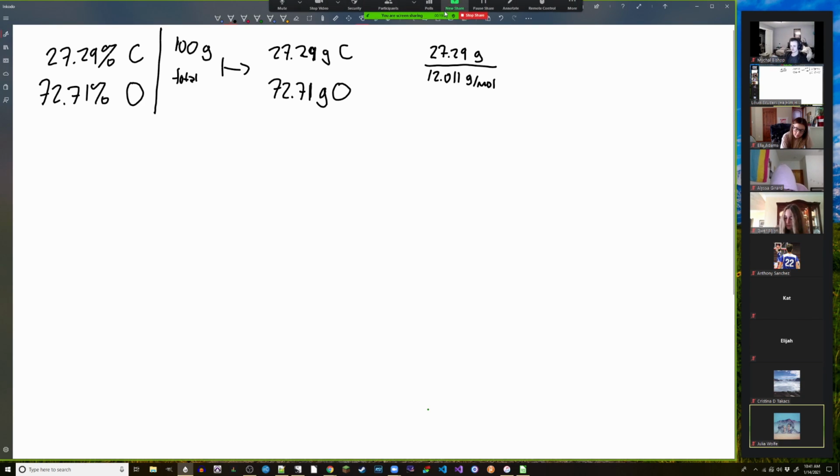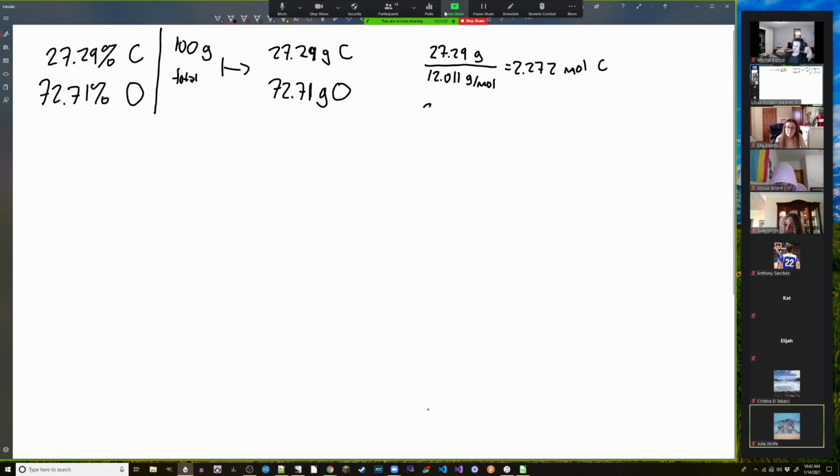The atomic mass is usually given in AMU, atomic mass units, as 12.011. But since we know about the mole, we also know it's the same number of grams per mole for that same element. So this is going to be a little over 2: 27.29 over 12.011 is 2.272 moles of carbon, basically telling us how many actual atoms of carbon are in this thing.